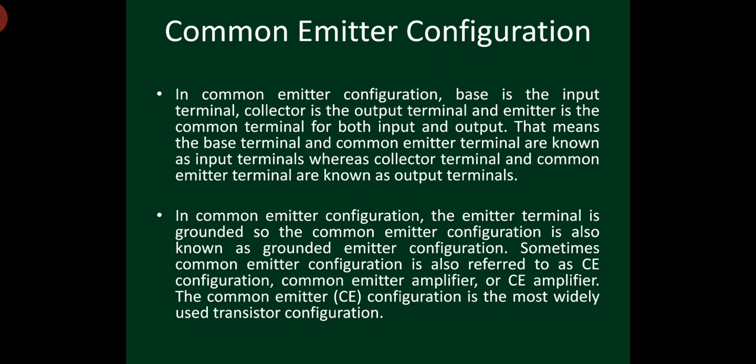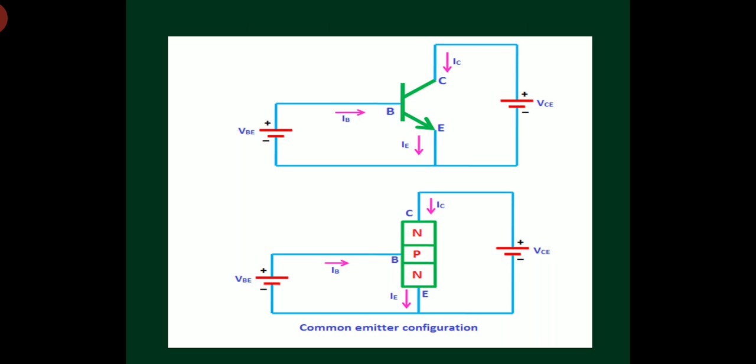Since the emitter terminal is grounded, the common emitter configuration is also called grounded emitter configuration. Here is the circuit diagram and schematic, where emitter is common and grounded.